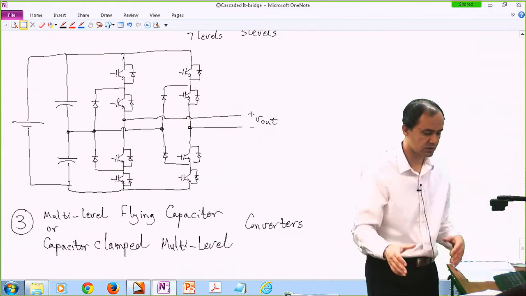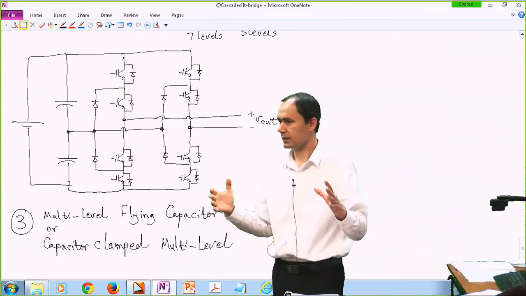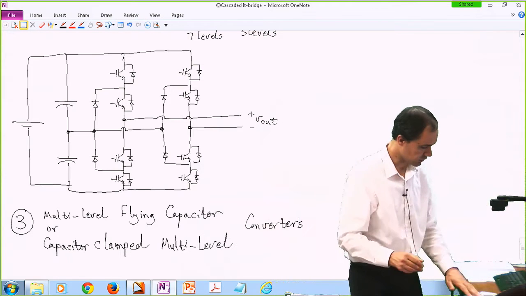Okay, as the name suggests, we are expecting to see a lot of capacitors in these converters.